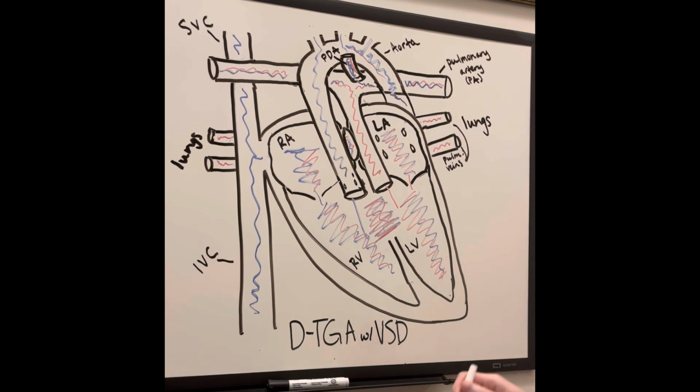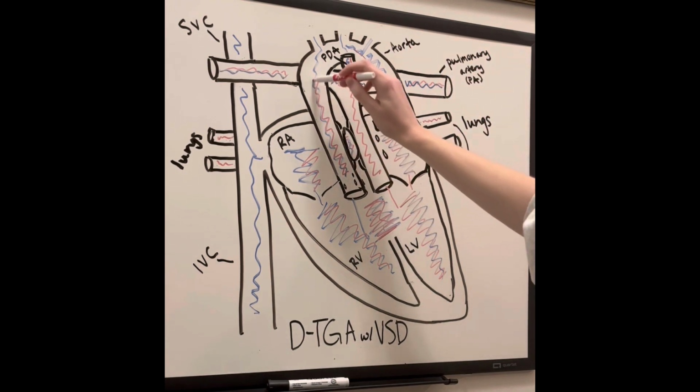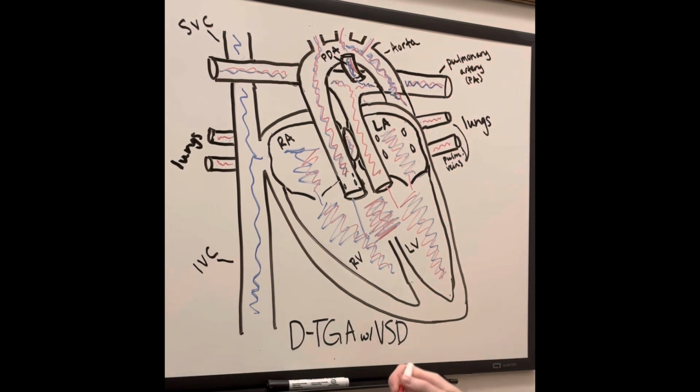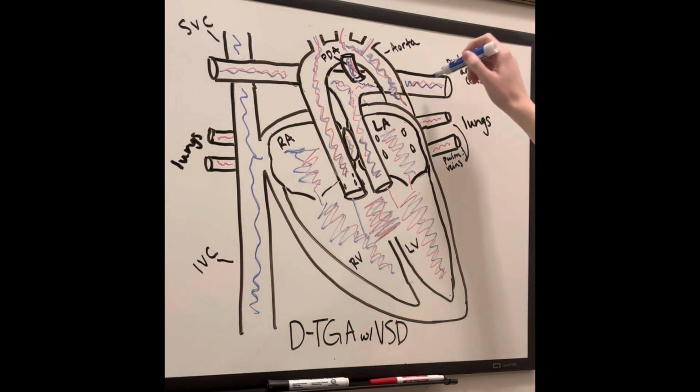But because now she has all of these mixing points, she can get more oxygen going to her body than she normally would. And then the blood going to the lungs will also be mixed.